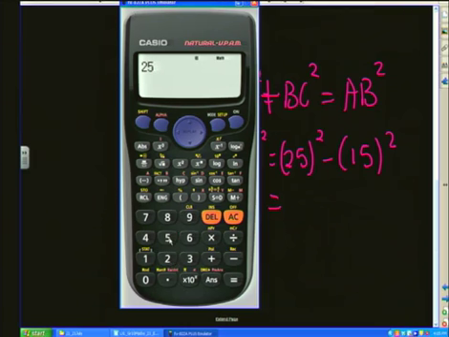Okay, so 25 squared. See, as I was saying, nothing wants to work today. What is going on? Nothing's really working today, Abraham. It's going to be a long, long day.